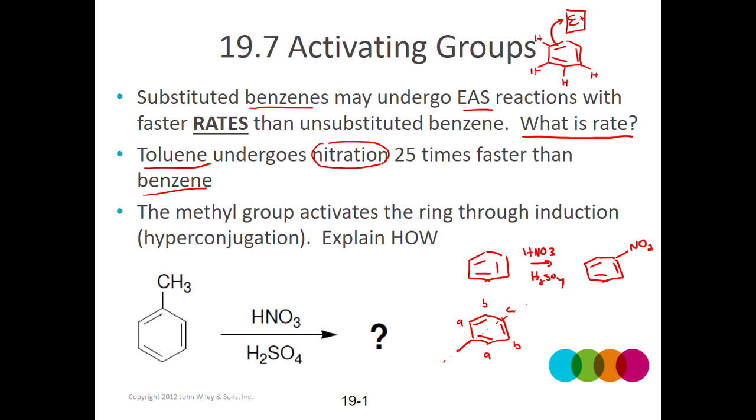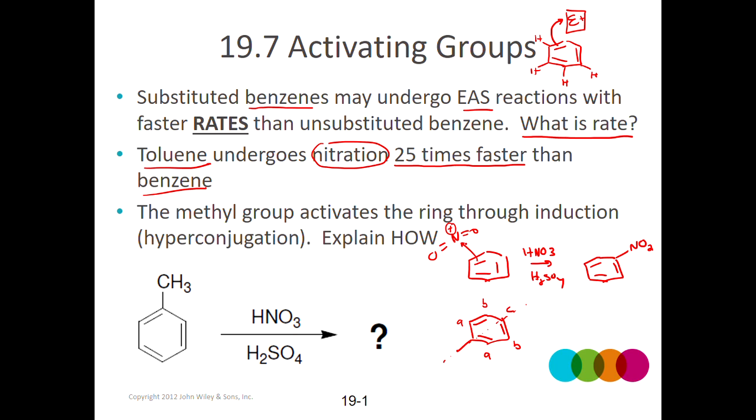And so we see here that toluene causes the reaction to be 25 times faster. So that tells me that the collisions that occur between the benzene and the NO2 electrophile, right, the nitric acid and sulfuric acid produce NO2 as an electrophile, and the benzene electrons will attack there.